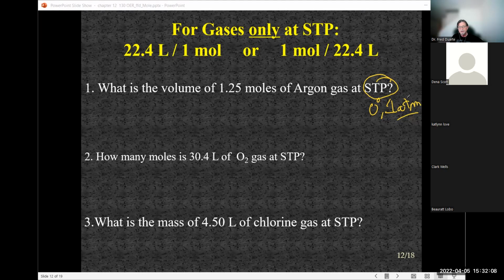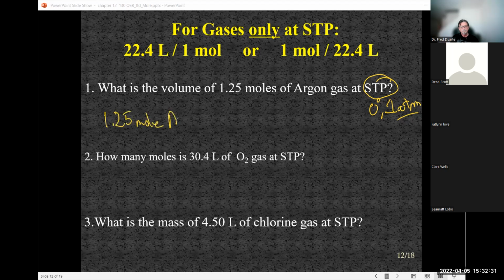If it doesn't state STP, nor any other temperature or pressure than 0 degrees Celsius or 1 atmosphere, you cannot do the calculation. It won't work, okay?